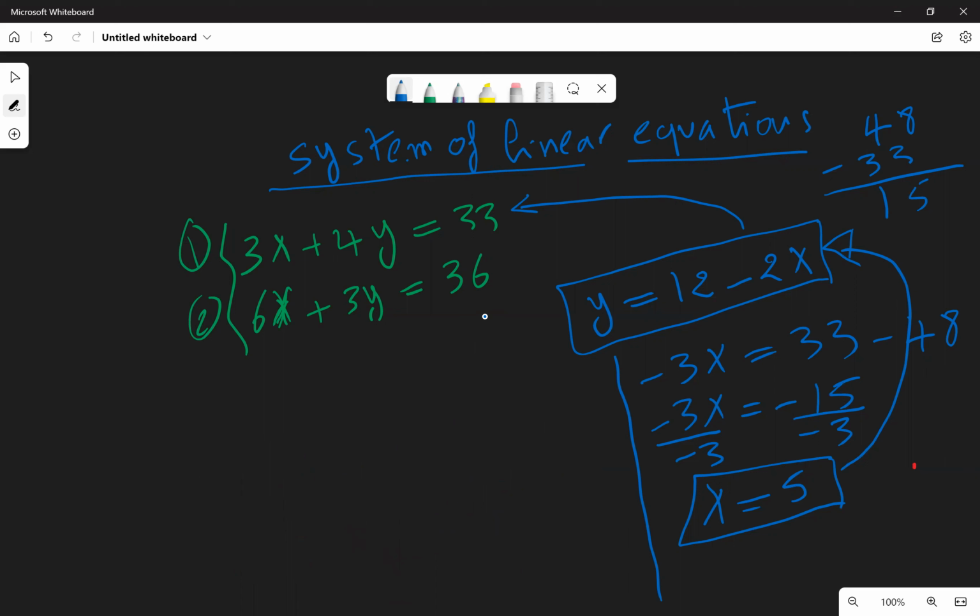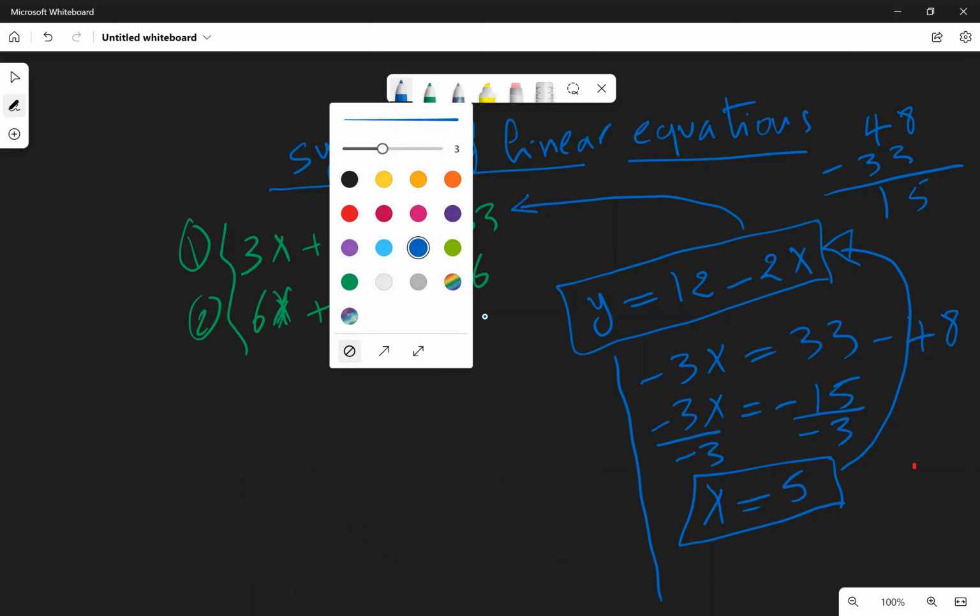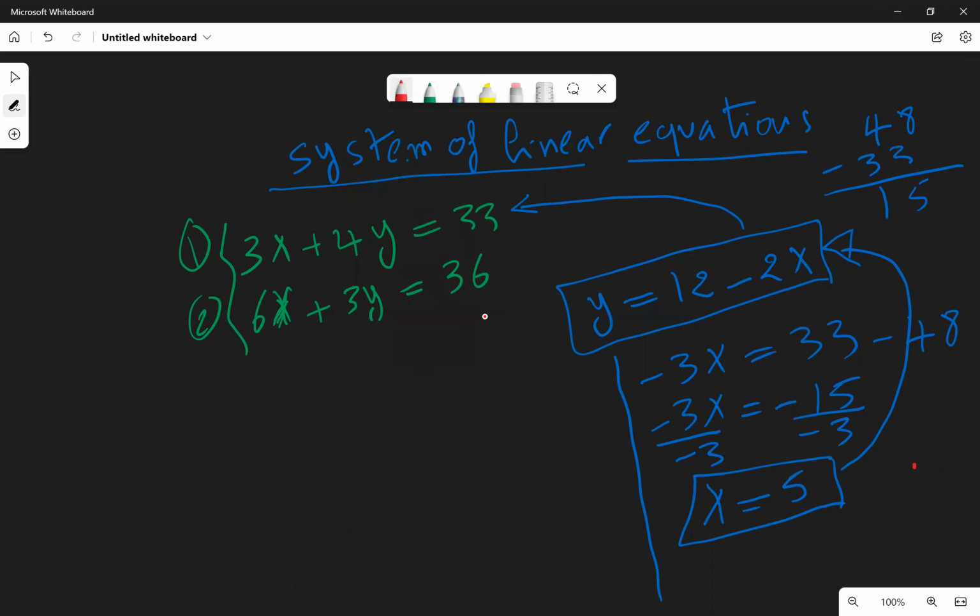Let me change the color here. So let's use green. All right, so my equation is y equals 12 minus 2x. So I'm gonna go ahead and substitute for x.